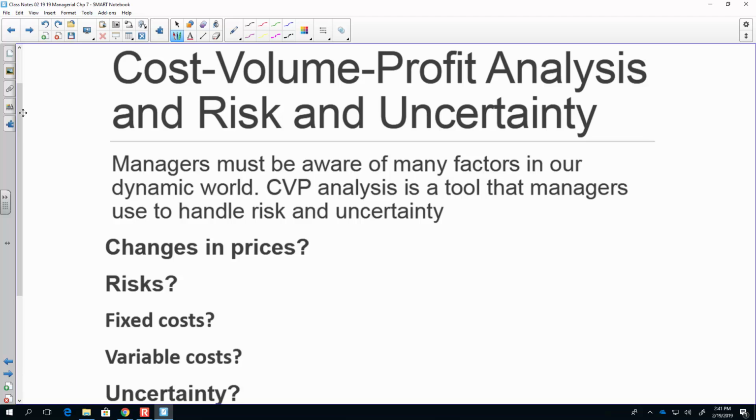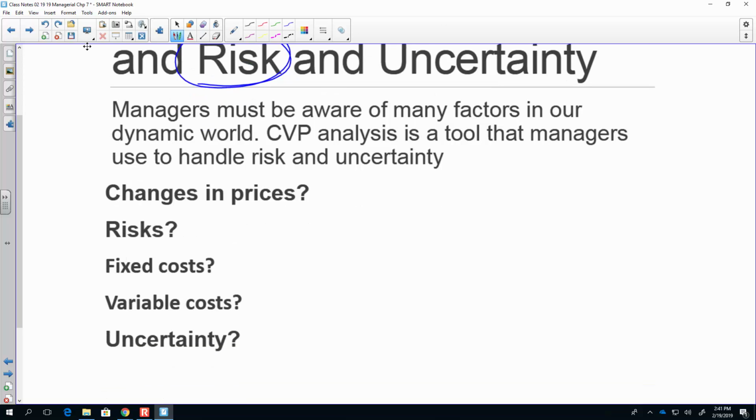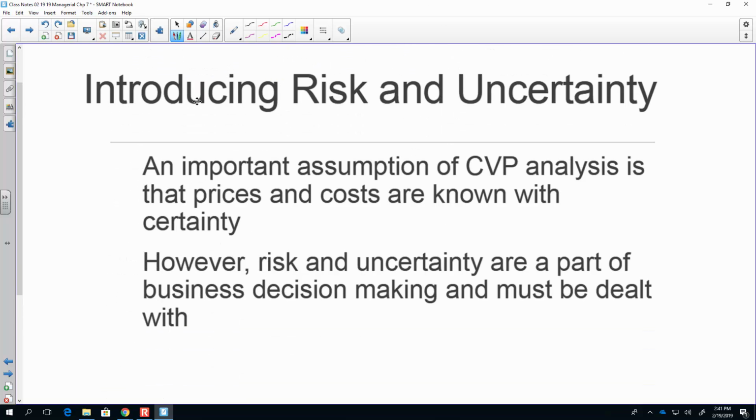All right. The next section of Chapter 7 regards how we assess risk. Remember, these are just estimates: estimated cost, estimated pricing, estimated quantity sold. Everything is uncertain, so they're going to be measuring risk in a couple different ways.